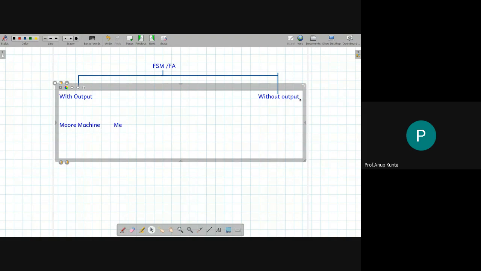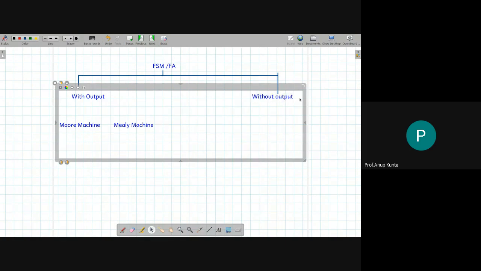Then next is the Mealy machine. Now, to a certain extent, this categorization is based on the fact that, I am just changing the way it is written because I want those categories represented properly.